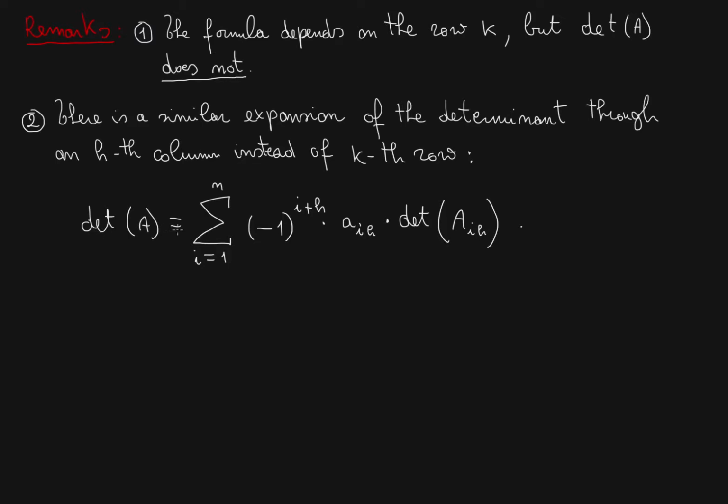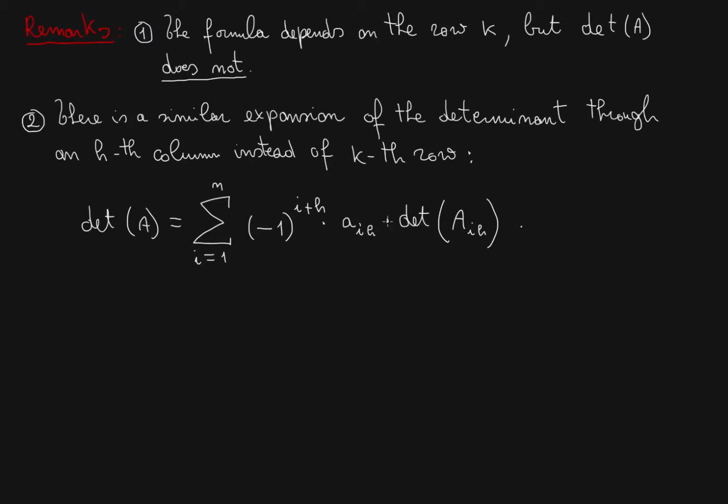The determinant of A equals the summation for i that goes from 1 to n of (-1) to the power i plus h times aih. So when we vary i in this formula, aih will run through the hth column, as opposed to running through the kth row implied by the previous formula, where we were varying the second index instead of the first of these coefficients.